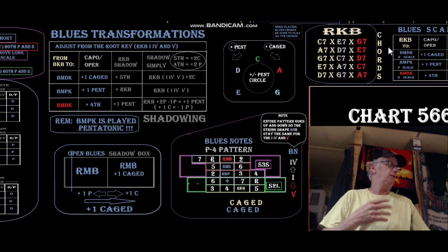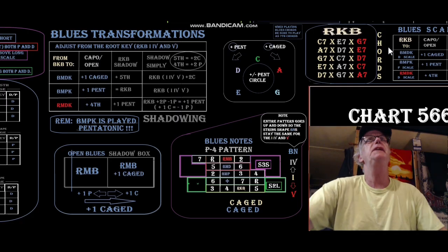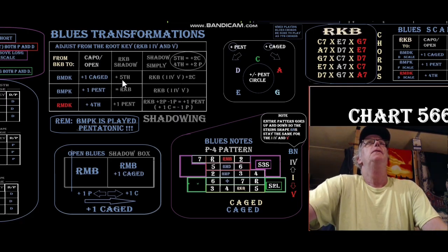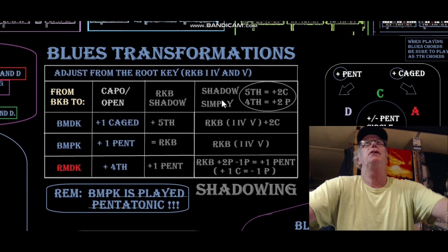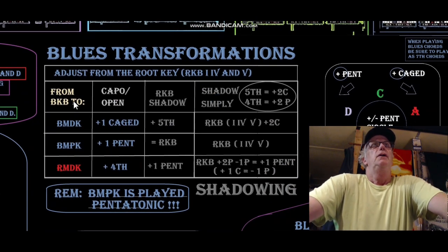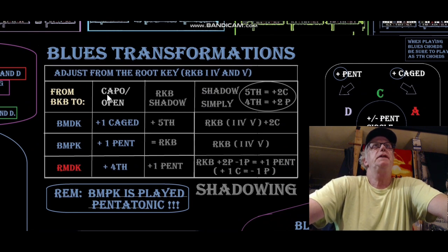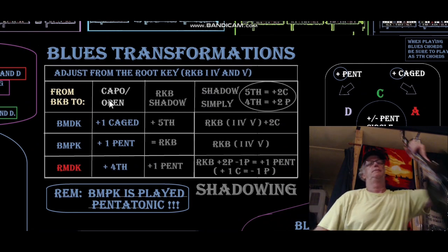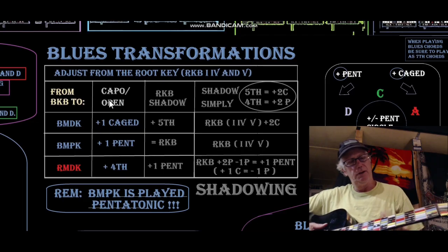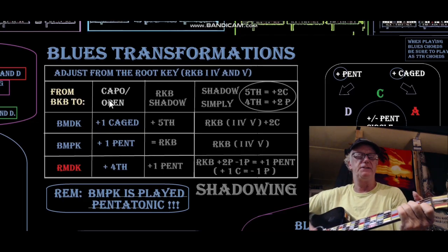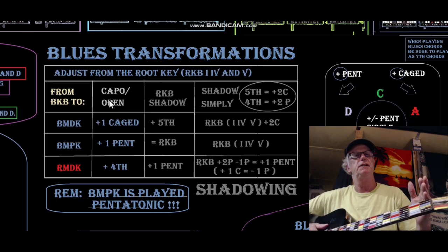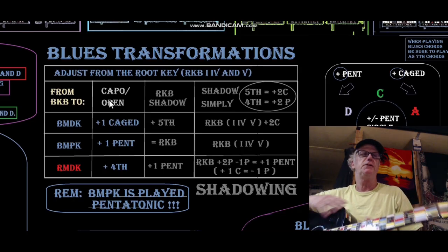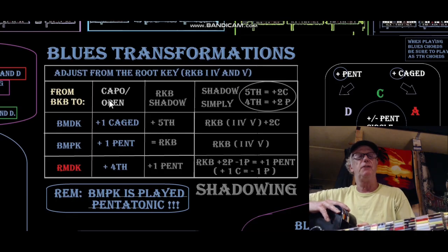But what am I thinking when I'm playing? It's going to be right here in this column, the RKB shadow, but it all really starts with the capo open. I'm down C tuned, so my C shape would be two whole steps down from a C on guitar, which would be an A flat.